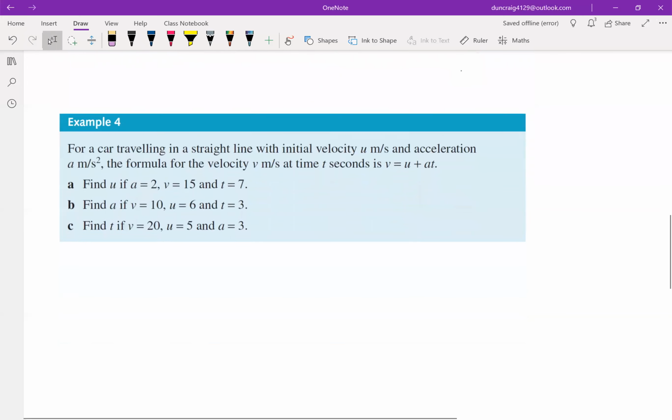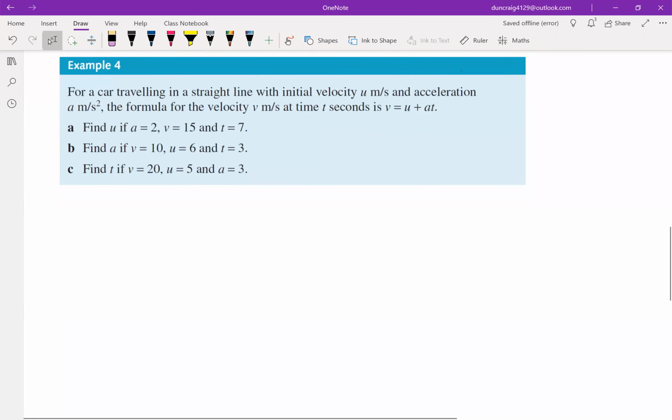Here is an example where we'll read through it. It says, for a car traveling in a straight line with an initial velocity of u meters per second and acceleration of a meters per second squared, the formula for velocity at time t seconds is given by v is equal to u plus at.